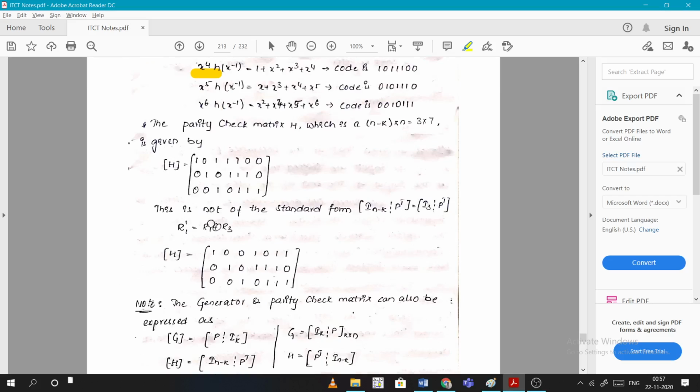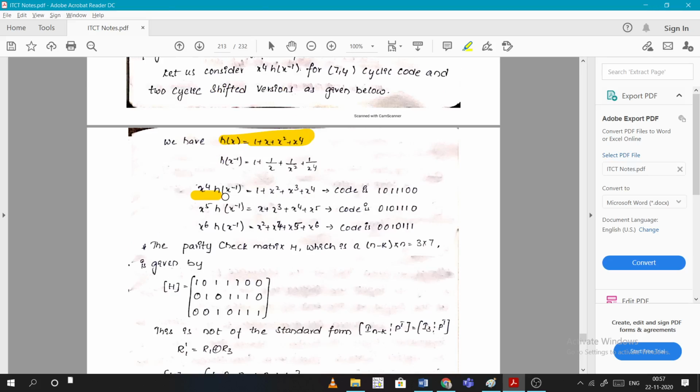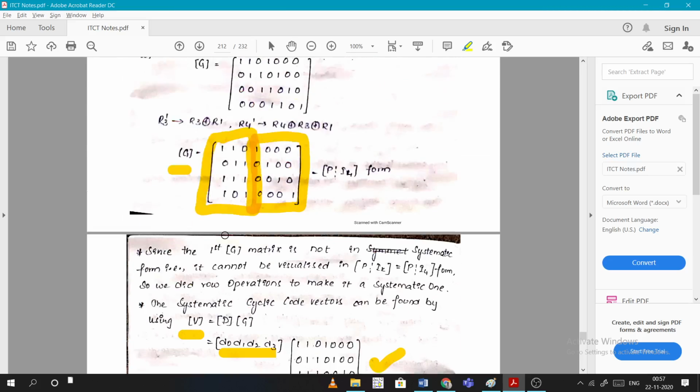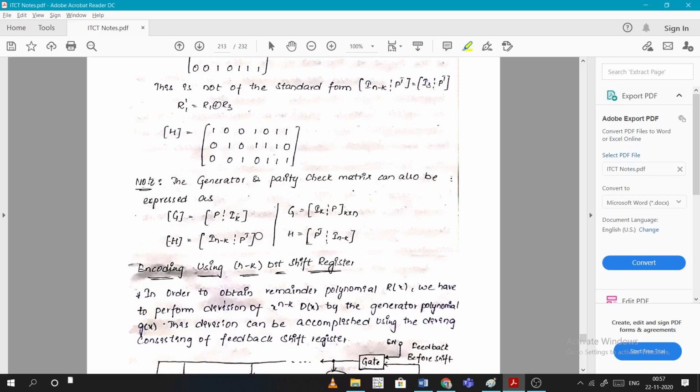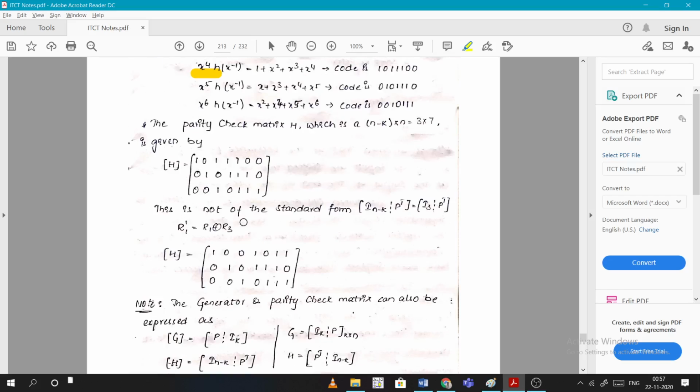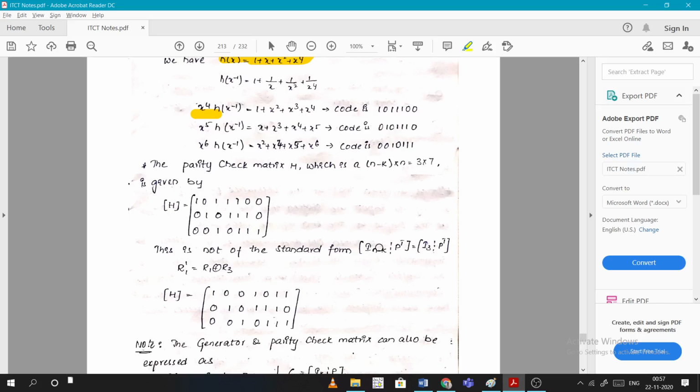Now again we need to refine this in a format, because as we took G as PI, here we need to take it as IP. That means not IP, but I of n minus k to P transpose. First we need to get n minus k. n minus k is 3, so I need to form a 3 cross 3 identity matrix: 1 0 0, 0 1 0, 0 0 1.